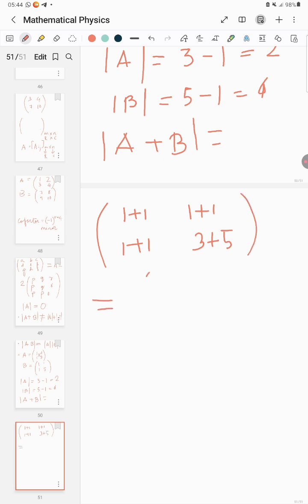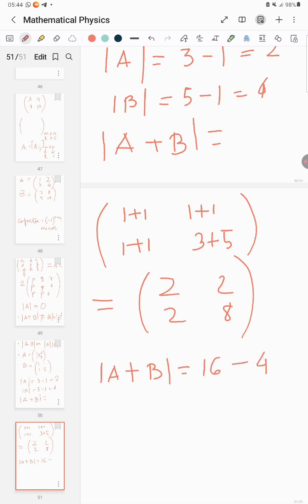So this would give 2, 2, 2, and 8. Alright. Now determinant of A plus B would be 8 times 2 minus 2 times 2, which is 12. Alright.